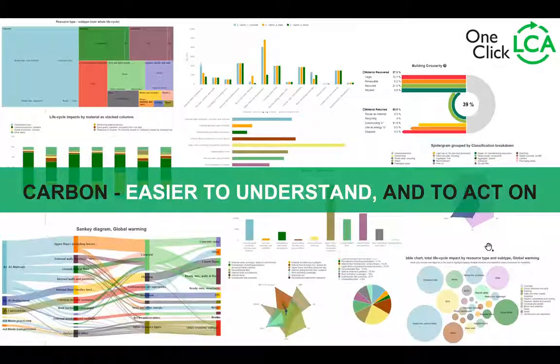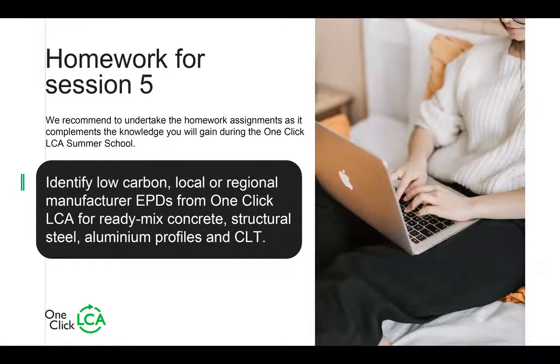One more question about the homework. Which are the information from EPDs? Location, kilometers, if not local or region. So just try to find an EPD that's made in the country where you are. If it's a very large country, try to see if you can find a regional or more local one. And you might find the factory location in the EPD itself.